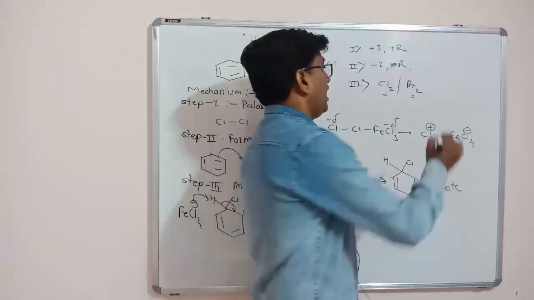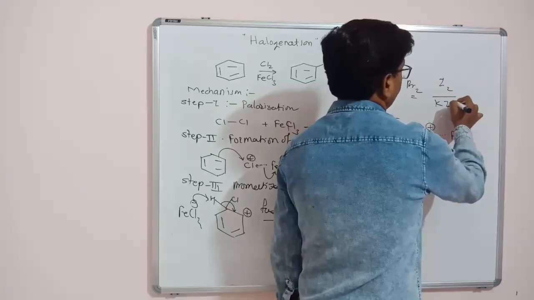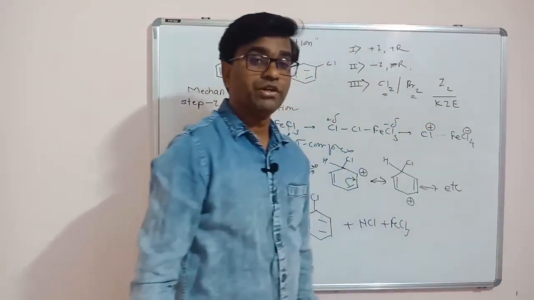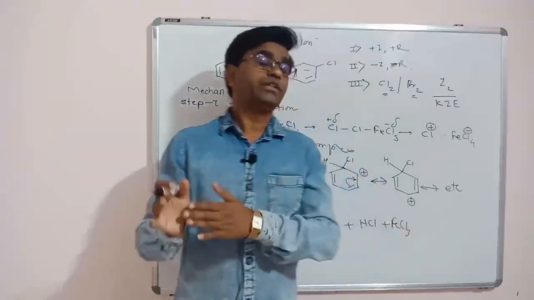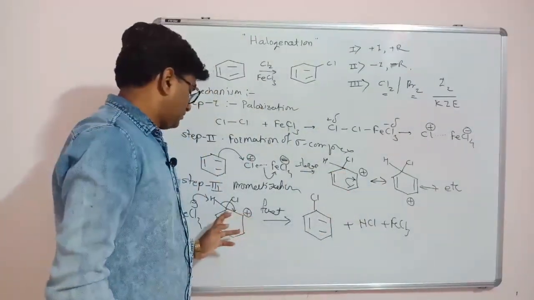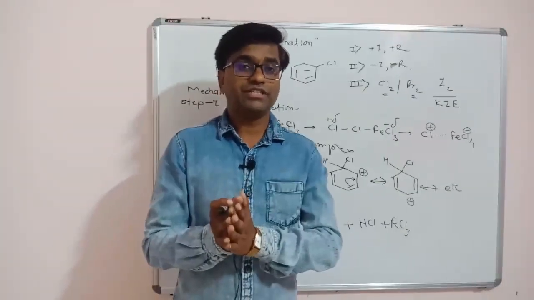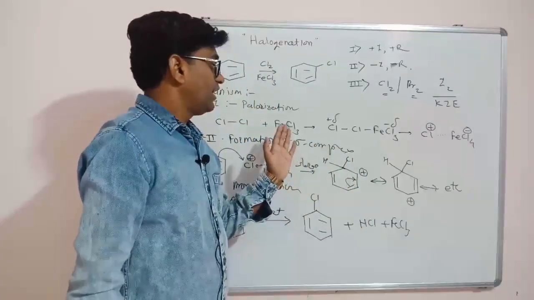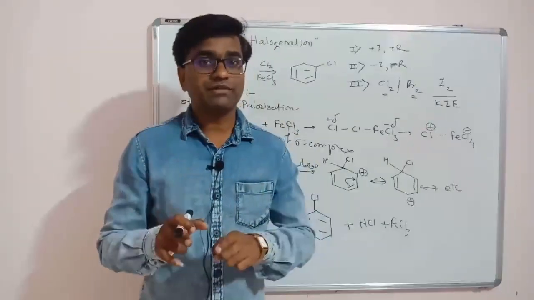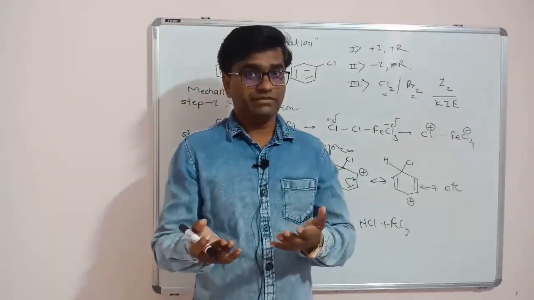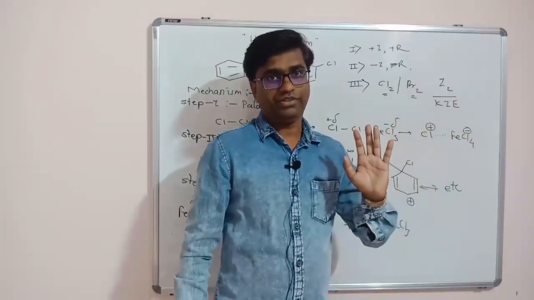While in the case of iodine, iodine shows a kinetic isotope effect, because the transition state for this carbon-hydrogen bond breaking and the first-stage transition state have the same activation energy, so the reaction will be reversible. In that case, it shows a kinetic isotope effect.